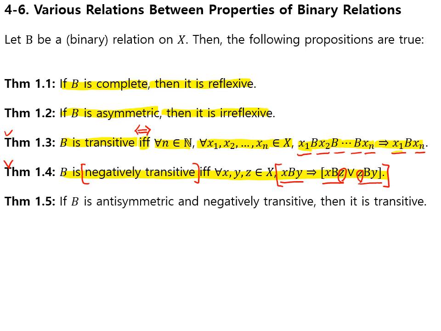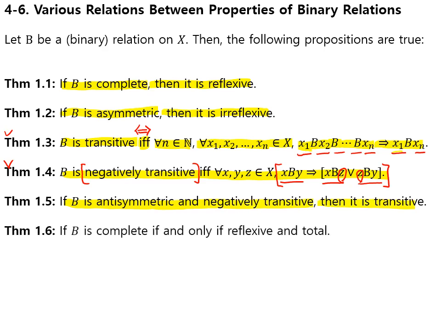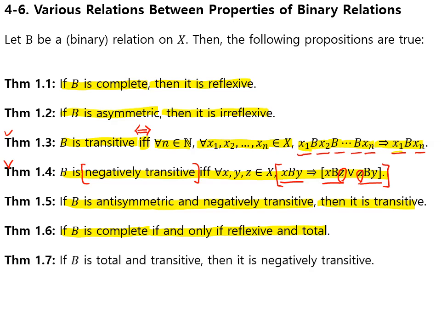So the fifth result is that if a relation is anti-symmetric and negatively transitive, then it is transitive. And the sixth one is that a relation is complete if and only if it is irreflexive and total. And the last one is that if a relation is total and transitive, then it is negatively transitive, right?